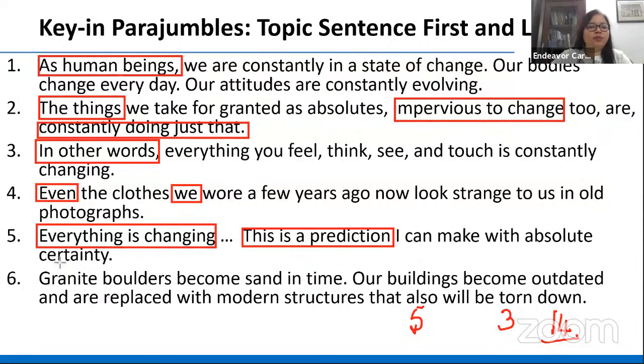I connect 2 with 6, because in 6, I have an explanation or examples of things given. Granite boulders become sand in time. Our buildings become outdated, which means 2 and 6 is a connection, right? So 2 and 6 is an example. 1 and 4 is an example.